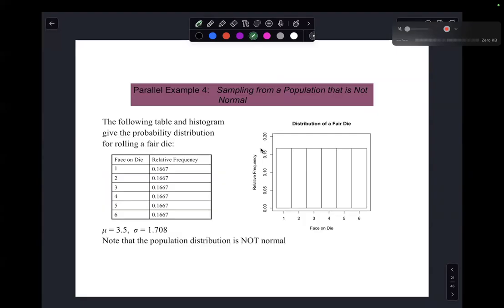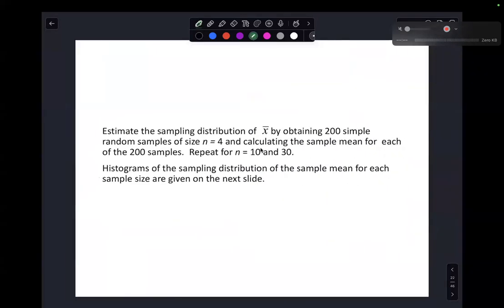So if I have a non-normal population, take a look at this one. This is not normal. This is a uniform distribution rather than a normal distribution. And it really isn't complicated at all. It doesn't even really deserve two slides. As long as the sample size is big enough, once your sample size gets larger, take a look at what happens.